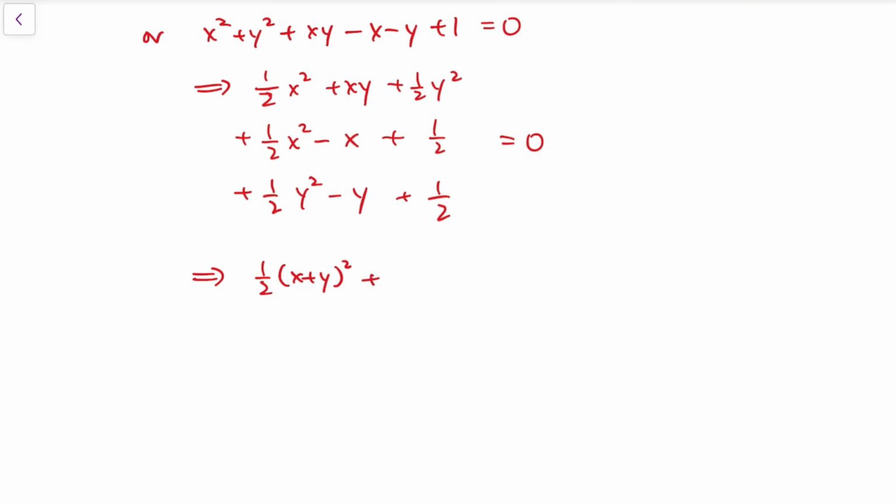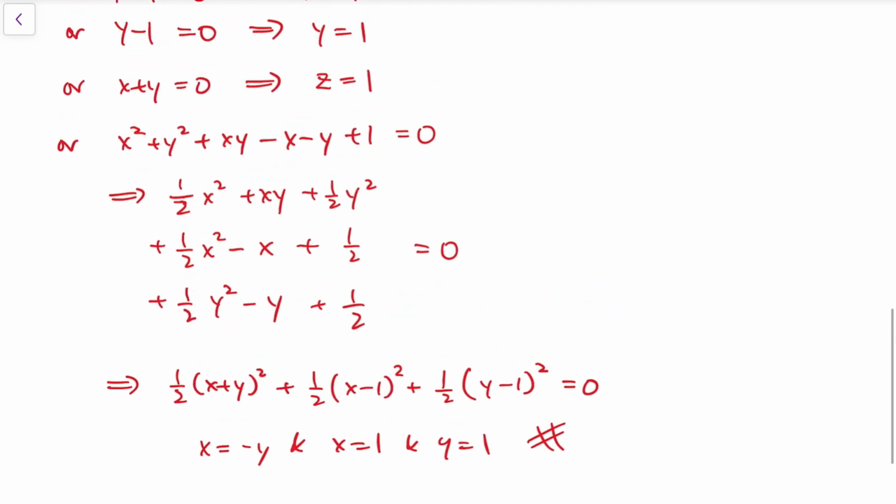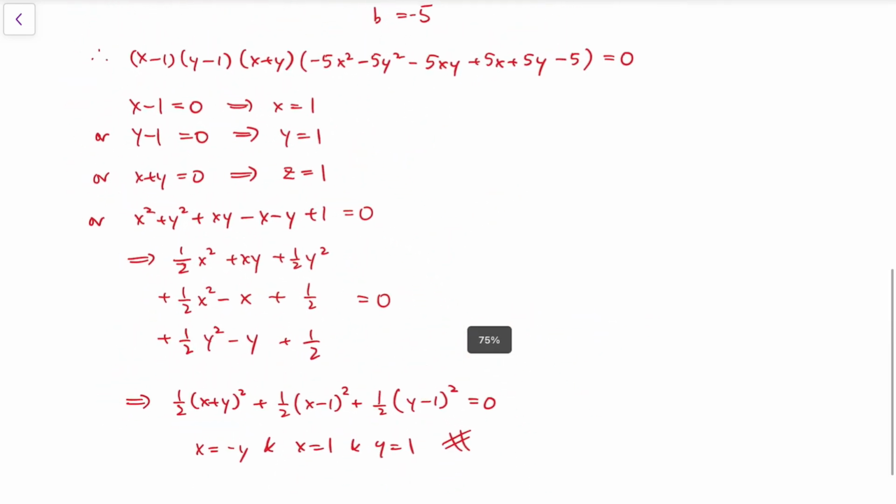Then we can factorize each group separately. And then we have half of (x plus y) all squared plus half of (x minus 1) all squared plus half of (y minus 1) all squared. But that's impossible, because each square should be non-negative. The sum is 0, so that means each term is 0, but this implies x equals minus y and x equals 1 and y equals 1, but that's impossible. So no solution for this case.